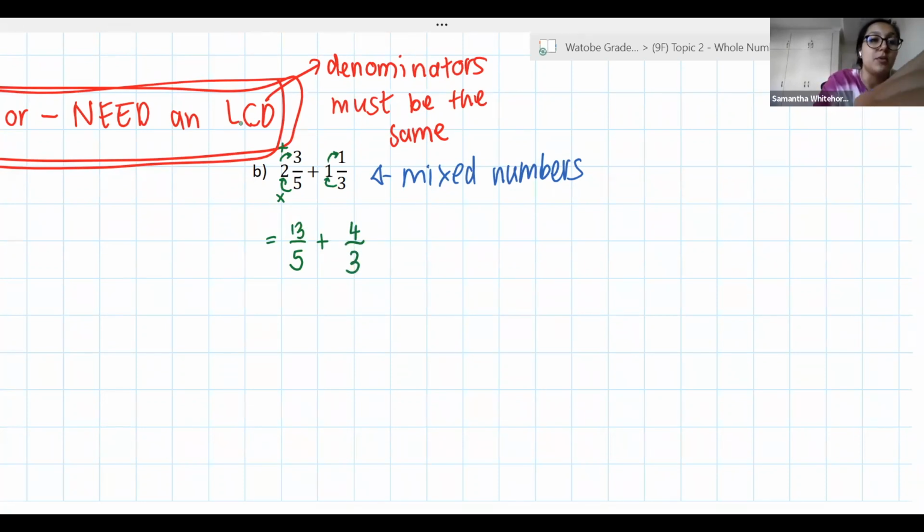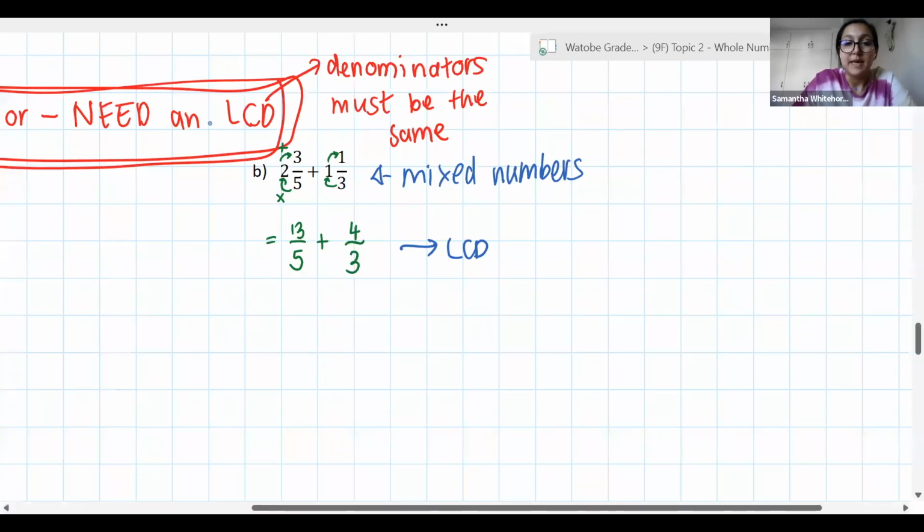And this helps me now because now I can say, okay, I've got my fractions. What is my LCD? Now your LCD here, remember, we want to make both of the denominators the same. So we want to think to ourselves, what is the smallest number both 5 and 3 can divide into?